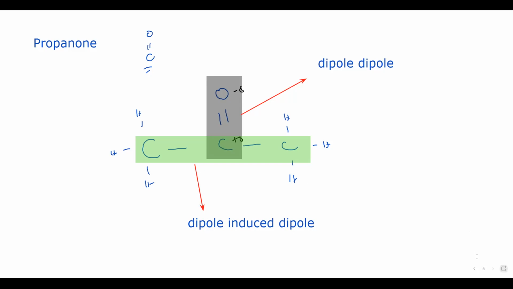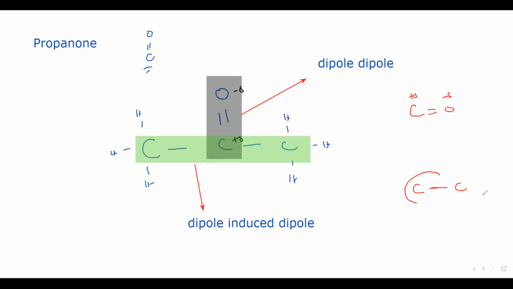Another example: it is very important that you work out the types of forces and relate them, because sometimes they ask. Now, this C plus and C minus is due to oxygen. Oxygen and carbon have a difference in electronegativity. That's why partial positive and negative. But this C plus will not affect the carbon-carbon bond, because they have the same tendency to attract the electron.